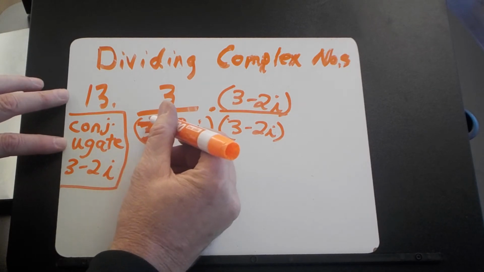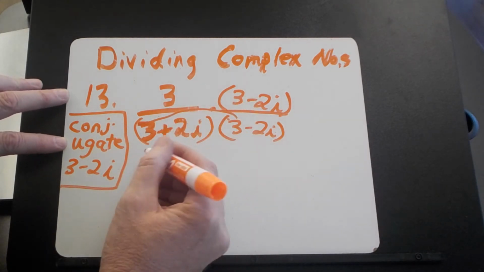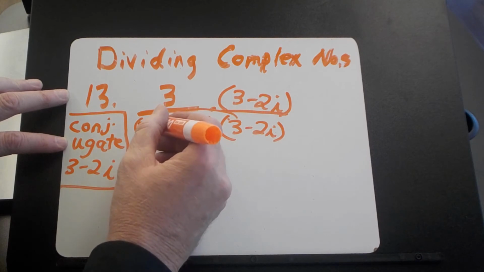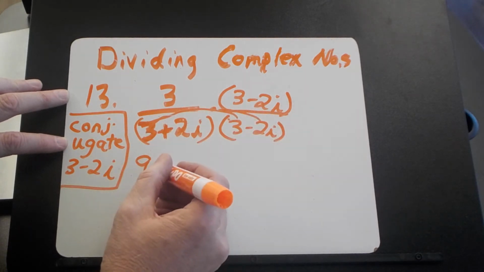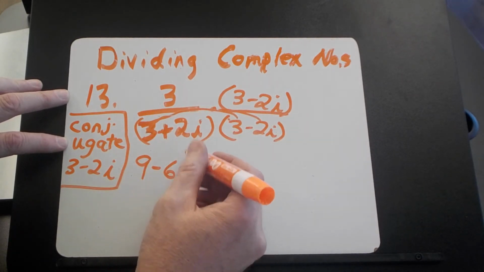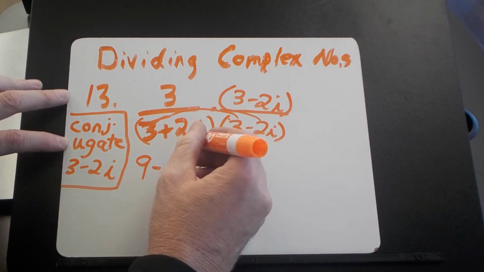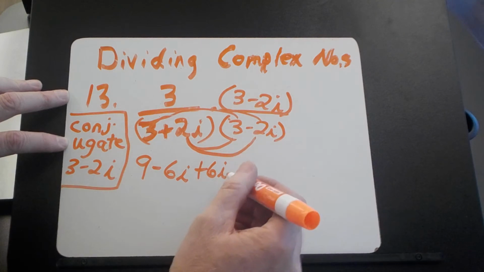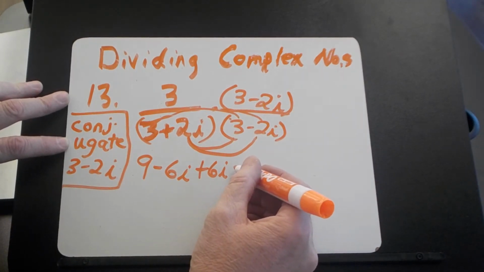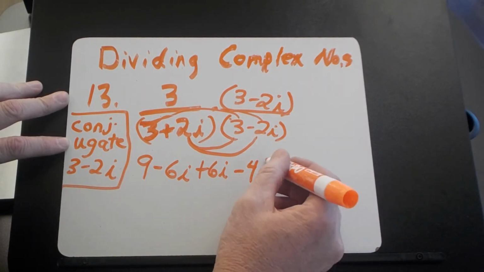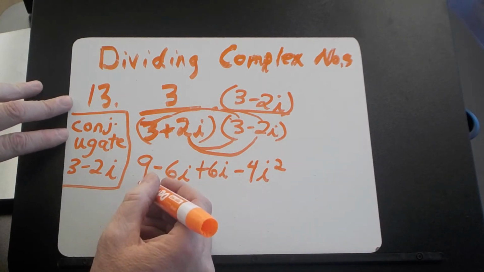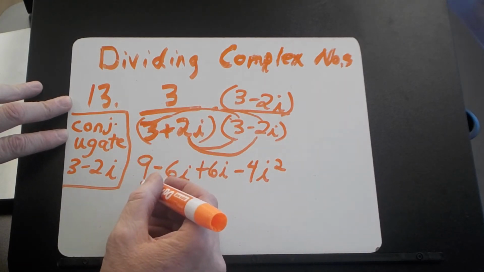When I FOIL, 3 times 3 is 9, 3 times negative 2i is negative 6i, 2i times 3 is positive 6i, and 2i times negative 2i is negative 4i squared. And this is my denominator.